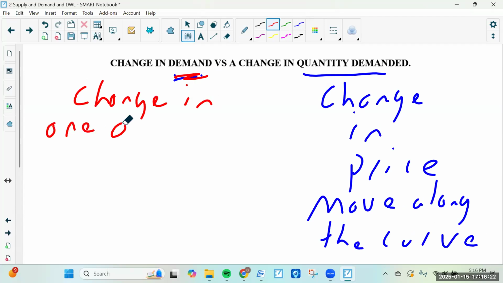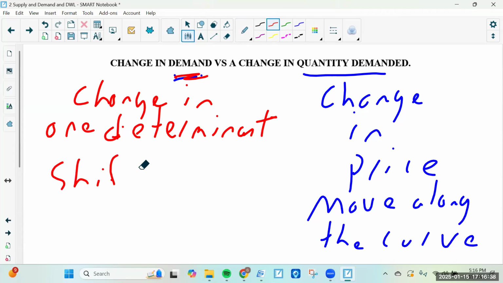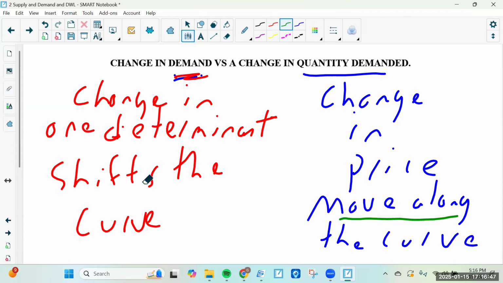Actually, could be more determinants. We'll just say one here, but could be more. But in this class, we'll always isolate one thing at a time. Changing one determinant, which is what I just went over, those 6 things I just went over. And this shifts the curve. So in this one over here, you move along the curve; with determinants, you shift the curve.